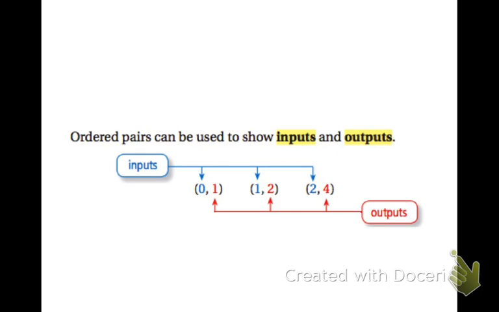Okay, so ordered pairs can be used to show the inputs and the outputs. Remember, these are the x values. These are the y values. I could take the ordered pairs and put them into a mapping diagram.